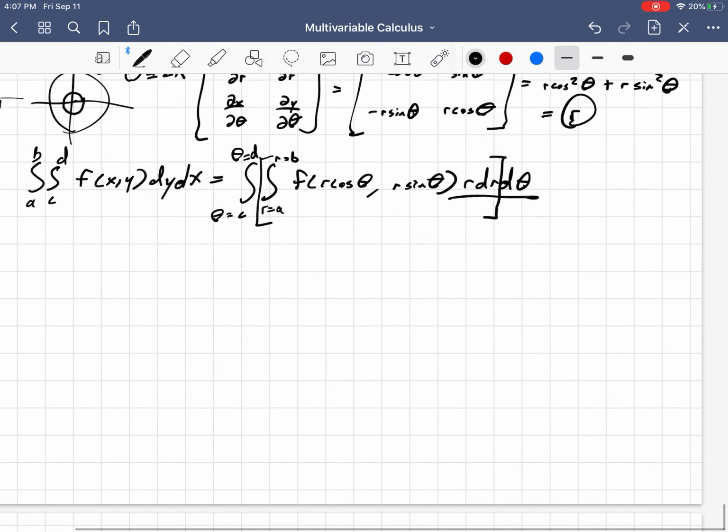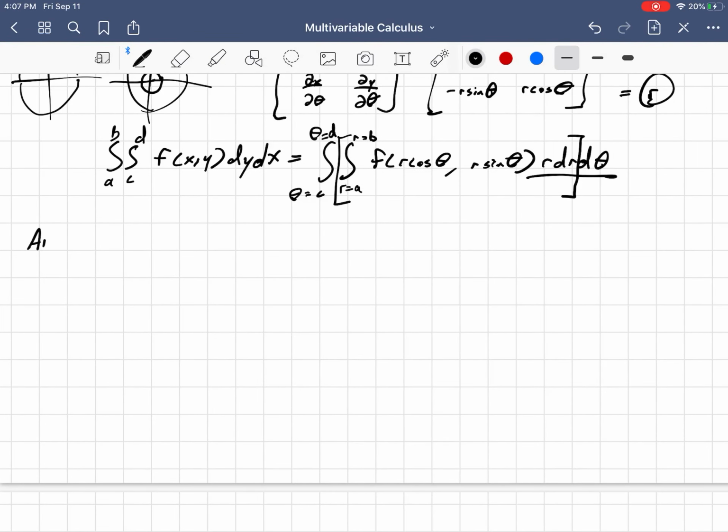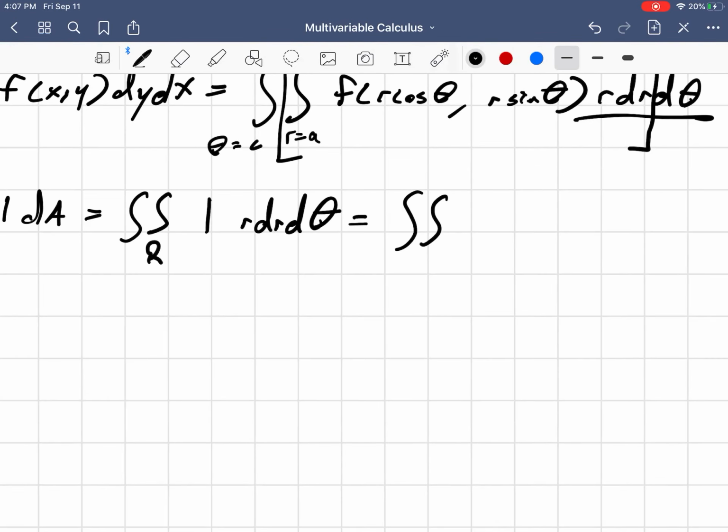So if we were looking for the area of a circle in polar coordinates, the area is equal to the double integral over our region of 1 dA originally. In polar, that's the double integral still over the same region of 1 r dr d theta. And now our region can be rewritten as r is going from 0 to 1.